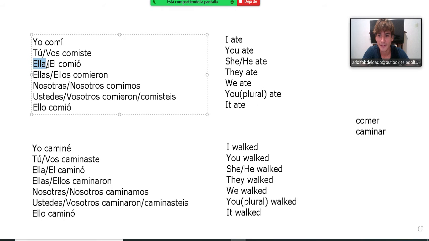Now we have ella or él comió. Ella comió, él comió. This is she ate or he ate. In English it's really easy. As you can see, you don't have to conjugate the verb. But in Spanish, yes, it's a bit complicated.